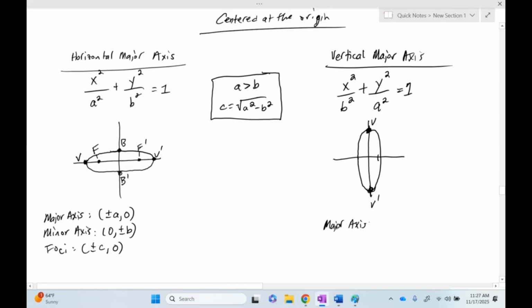So the major axis points here are 0, plus or minus a. The minor axis points, I'm just going to label those B and B prime in the drawing. Those have the coordinates plus or minus B, comma, 0.